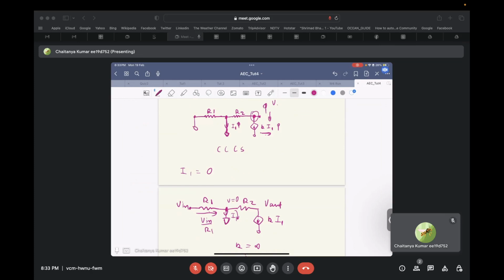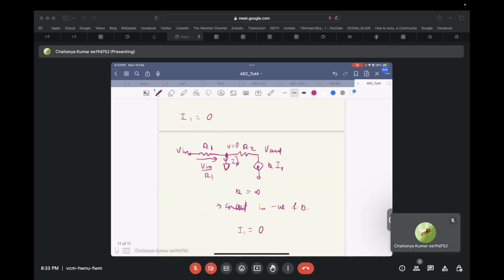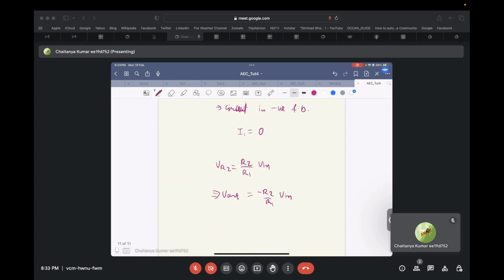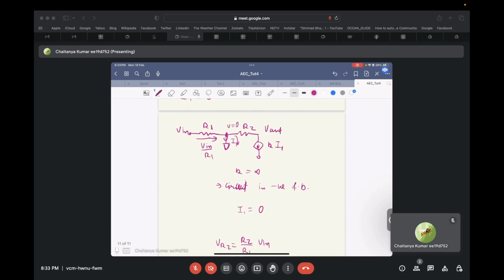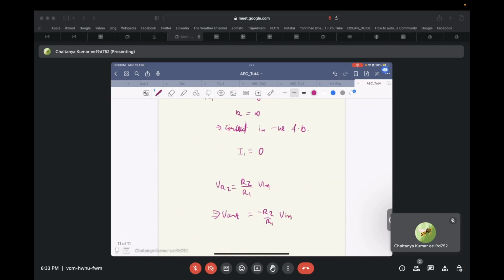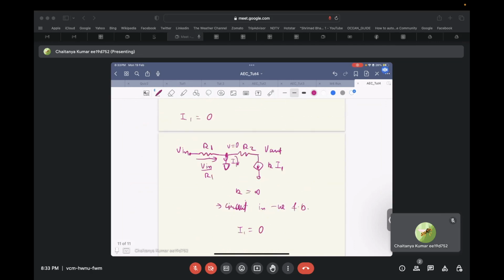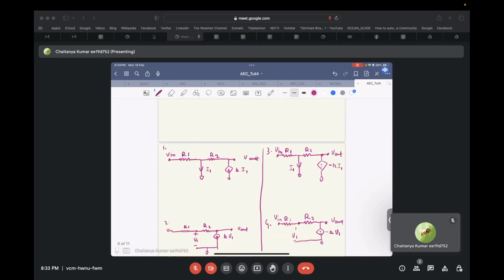The circuit being in negative feedback. And if the circuit is in negative feedback and the gain of the controlled source is infinite, the gain from input to output we get as minus R2 by R1. Now let's check the second circuit.